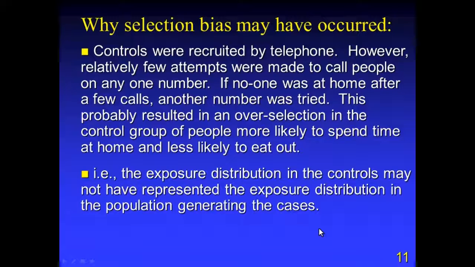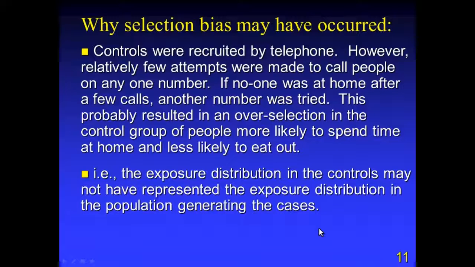Because we recruited the controls by phone, it meant that we might be more likely to recruit people who were likely to stay at home. And we carried out, in hindsight, I think, too few attempts. I think we only carried out about 3 or 4 attempts, maybe more than that, but not so many, in order to try and contact people. And we moved on too quickly, I think, to another number.